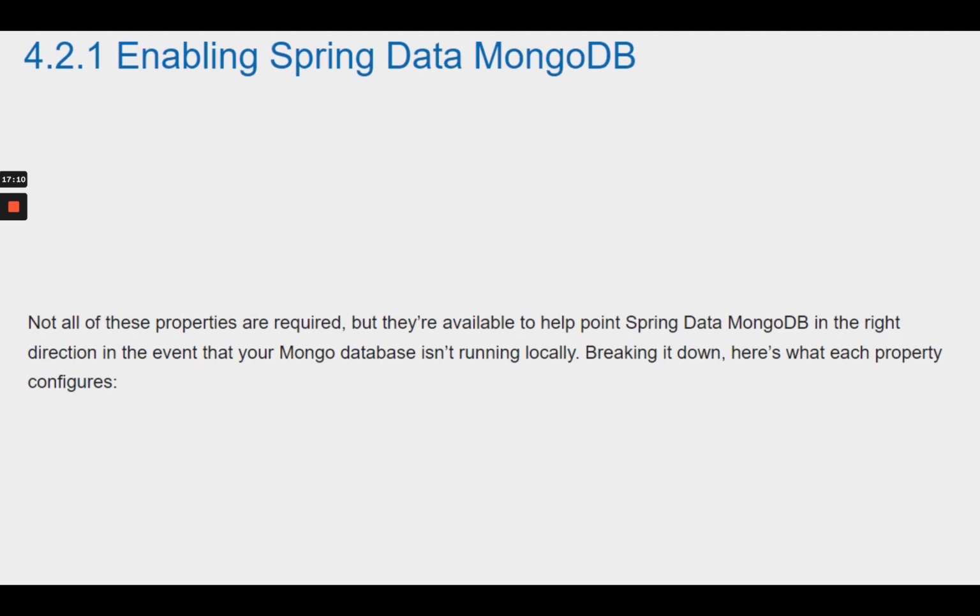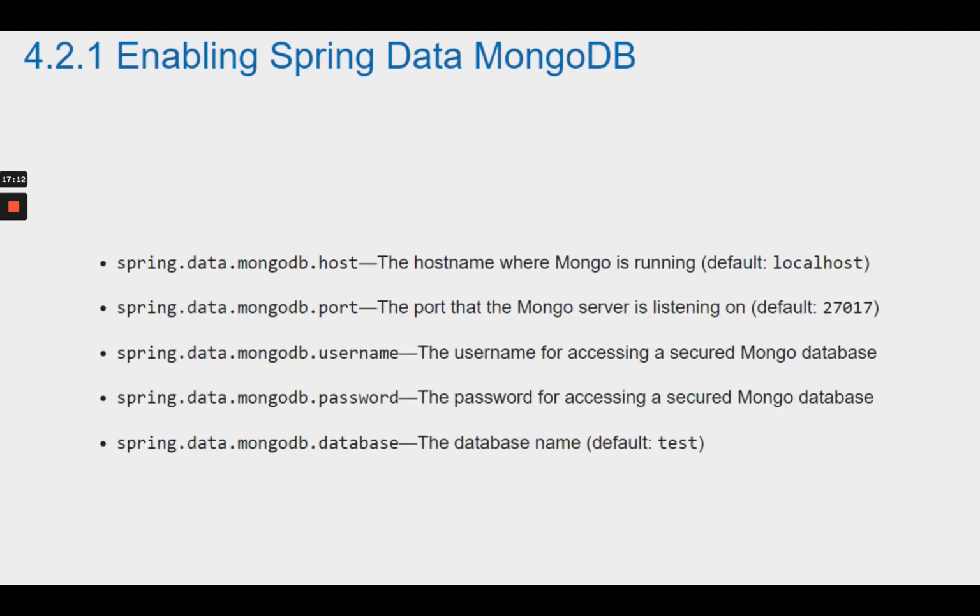Breaking it down, here's what each property configures. spring.data.mongodb.host, the hostname where Mongo is running, default localhost. spring.data.mongodb.port, the port that the Mongo server is listening on, default 27017. spring.data.mongodb.username, the username for accessing a secured Mongo database. spring.data.mongodb.password, the password for accessing a secured Mongo database.